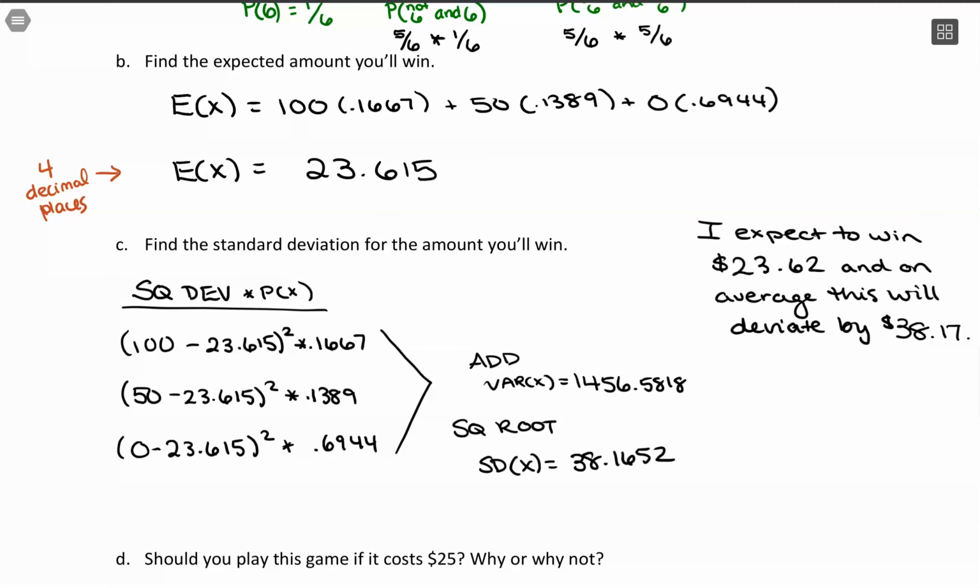So with this, we're saying when we play this game, we expect to win about $24, and on average that'll deviate by $38.